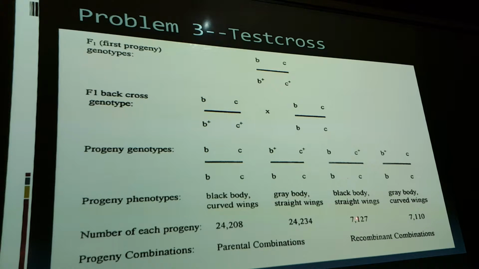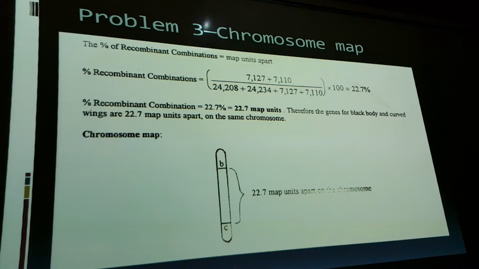And that'll give you a decimal fraction, which you can convert to percent by moving the decimal over 2. So they've done that here. These are your recombinant offspring, and there's your total. And so they're 22.7 map units apart. See? And there we show a little map, 22.7 map units apart for the body color and the curved wing. Okay?